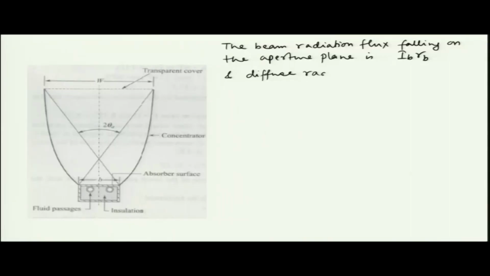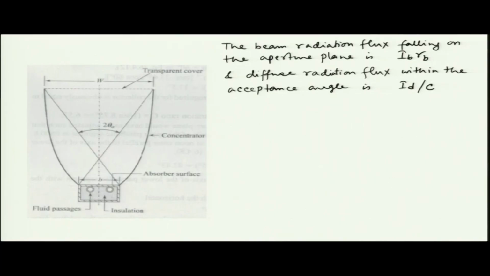So, the diffuse radiation flux within the acceptance angle is your ID divided by C. Why do we call it divided by C?